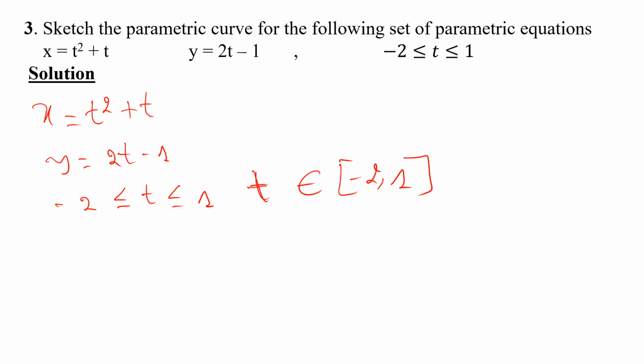Now, to get the x and y, we need to replace t by its values. So we need to make a table of values where we should have values of t, and then at the end we are going to look for x and y by replacing t by its value. Table of values: here we have t, x and y, with t equal to negative 2, negative 1, negative half, 0, 1.